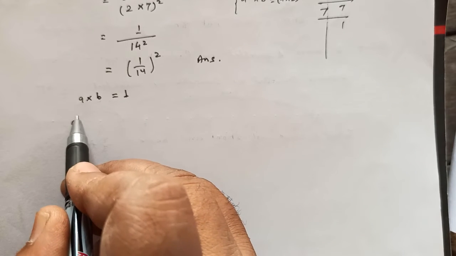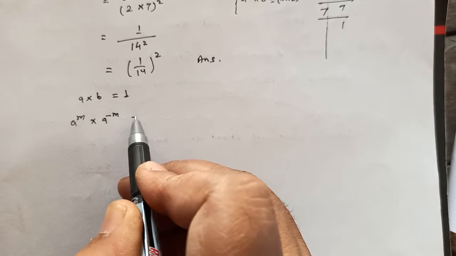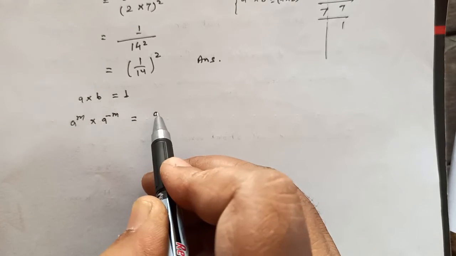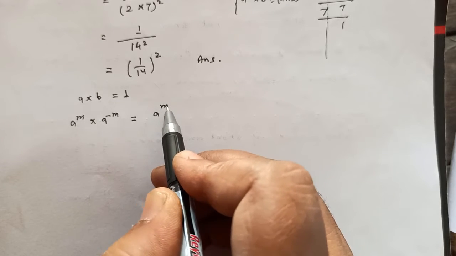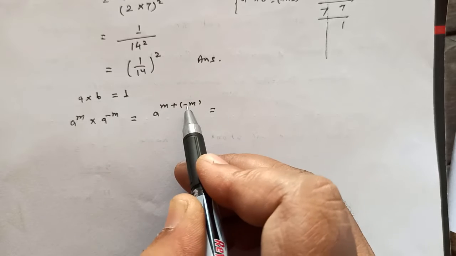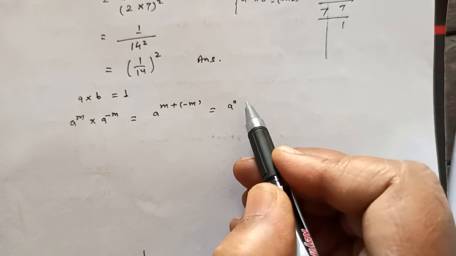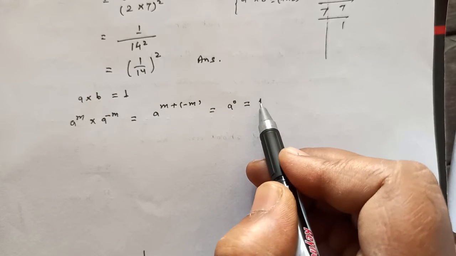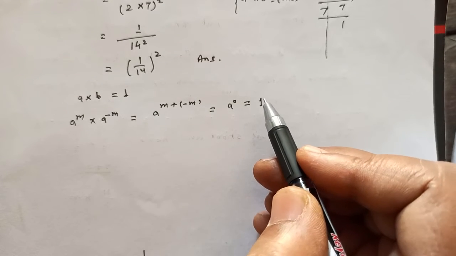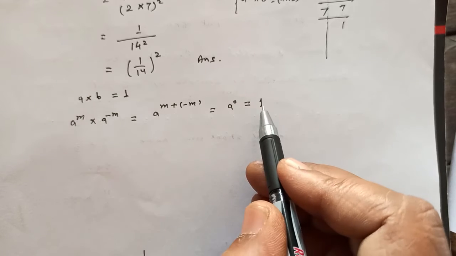Now a to the power m multiplied by a to the power minus m. Base same, powers will be added. m minus m is 0, and we know that a to the power 0 is 1. That means a to the power m multiplied by a to the power minus m is 1.